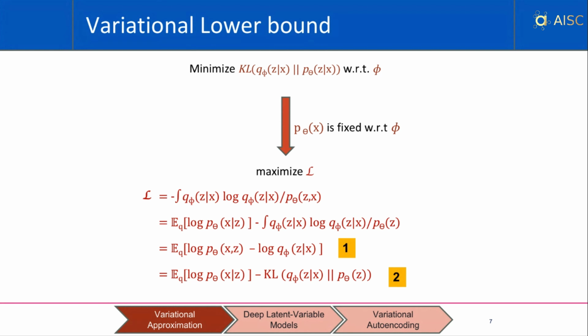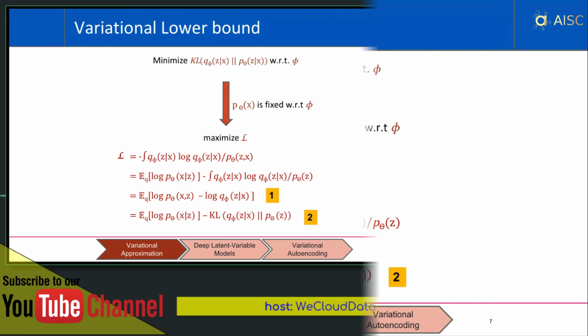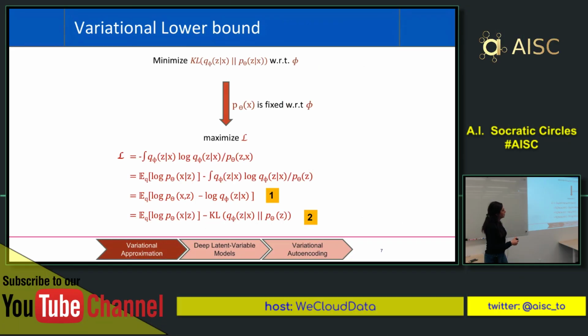Again, it's very easy, just the Bayes theorem. I'm keeping these two because I'll explain them in the next few slides, but just remember these two equations. This is my objective, the lower bound that I want to maximize, equation 1 and 2. They're the same, just the representations are different.